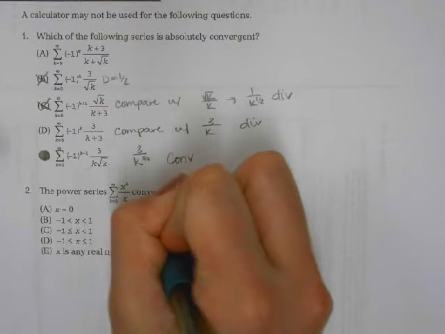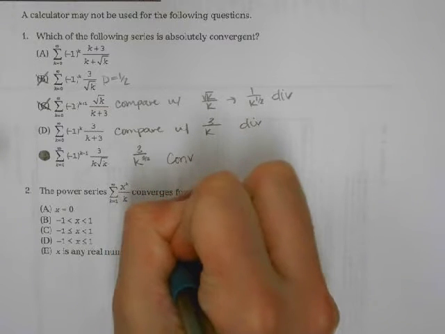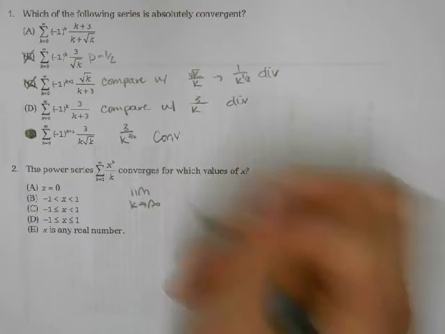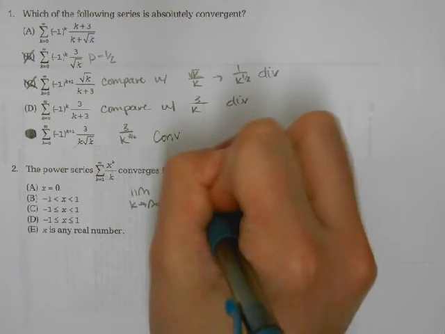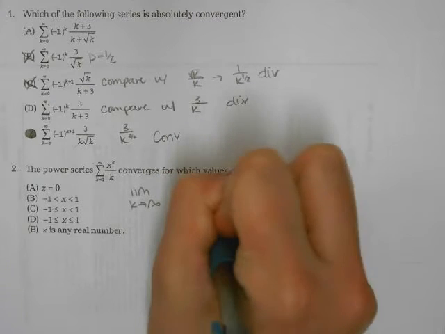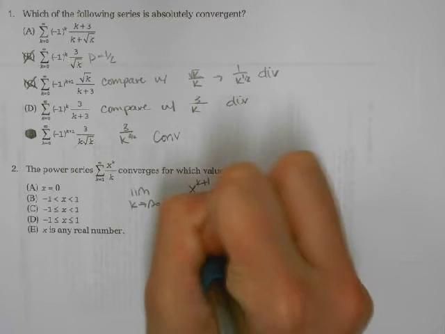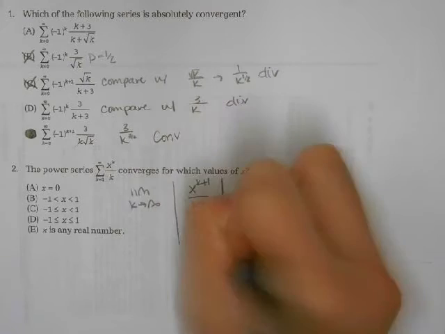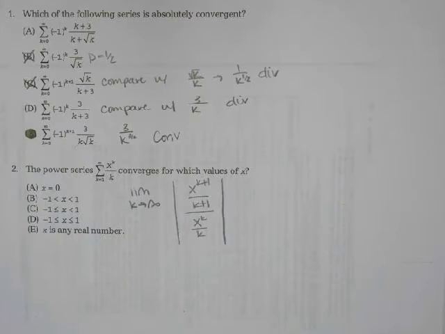So I said the limit as k goes to infinity of x to the k plus 1 over k plus 1, divided by x to the k over k. And this is an absolute value, so it does absolute convergence.